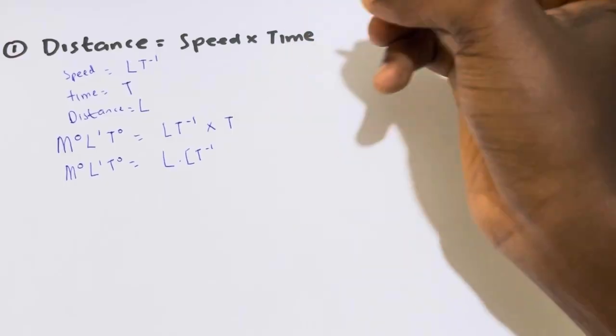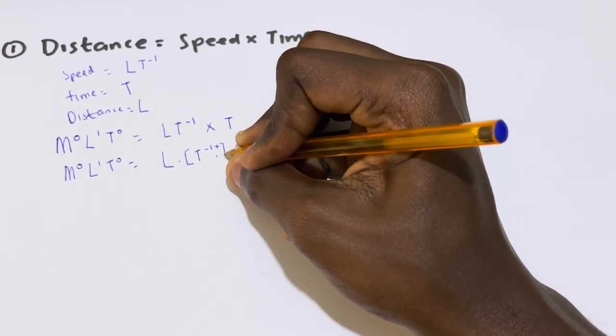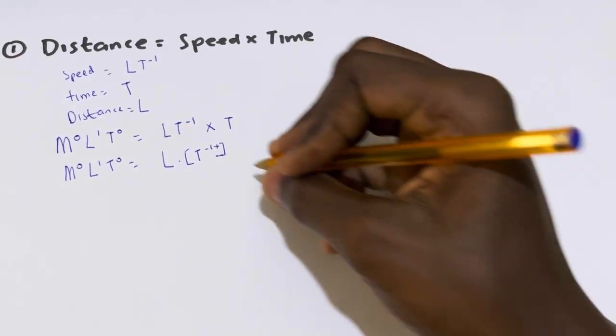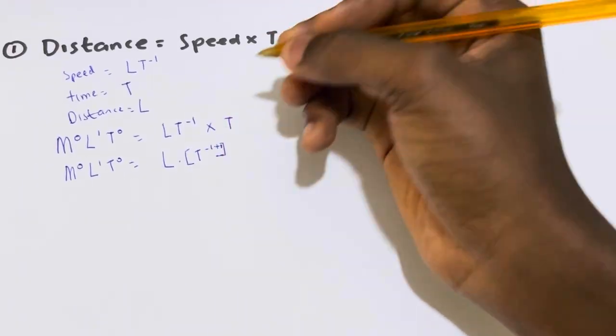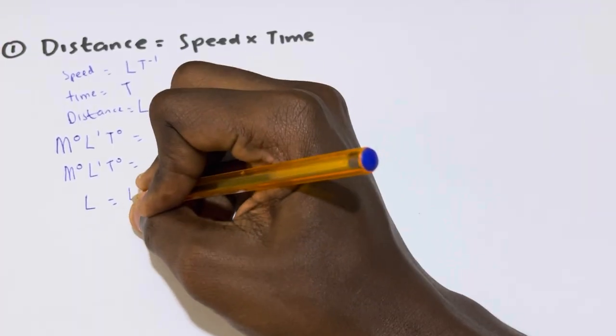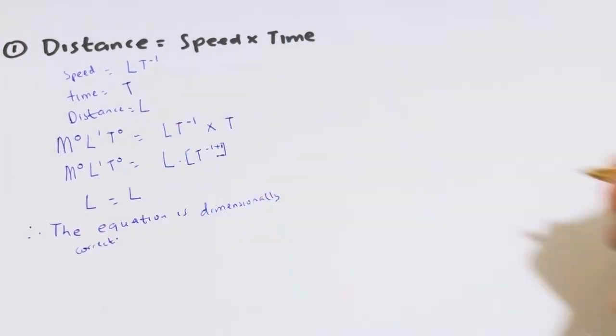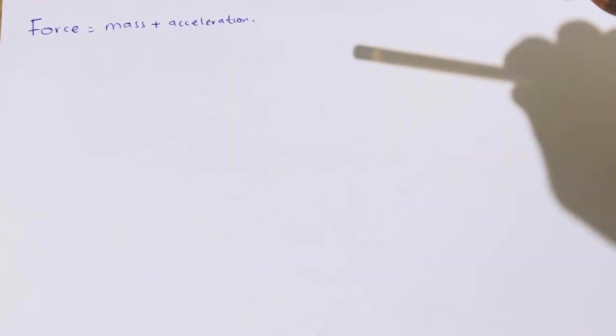Because it's multiplying from indices, we add them. So plus 1 minus 1 is 0. So we have L equals L. So therefore, the equation is dimensionally what? Correct.